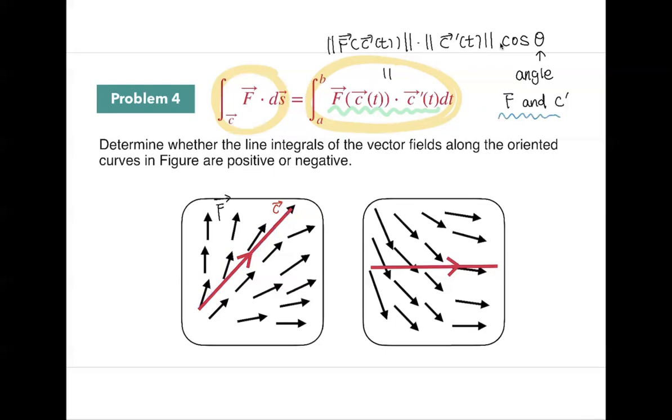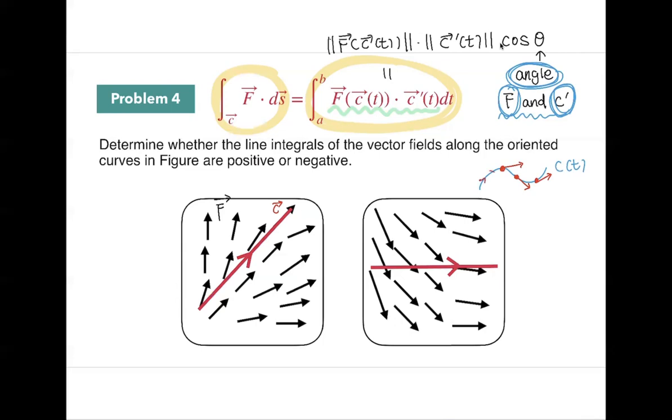Okay, for this one, we check the angle, right? The vector f and c prime, which means the tangent vector. So when we think of c of t here, then c prime of t is given like this. It depends on the direction of c of t, so you need to check the direction of the curve.